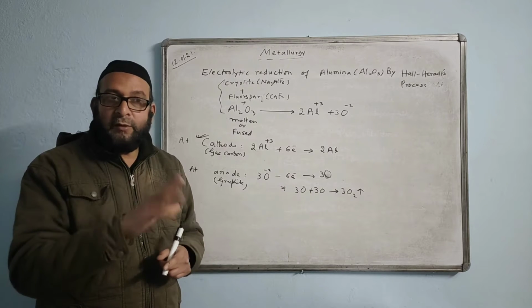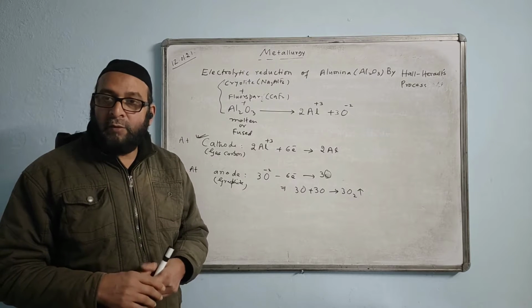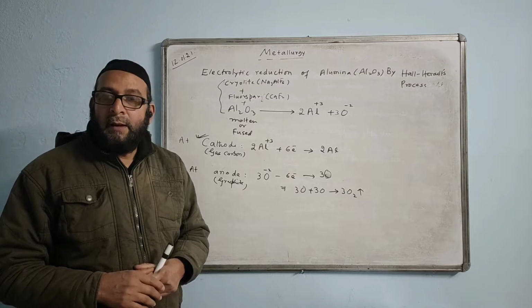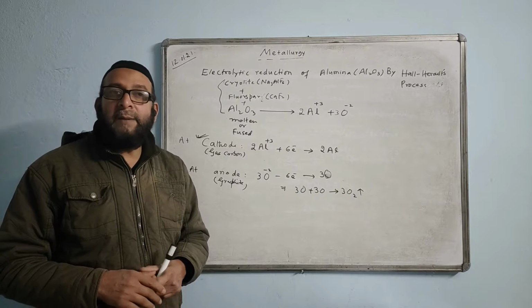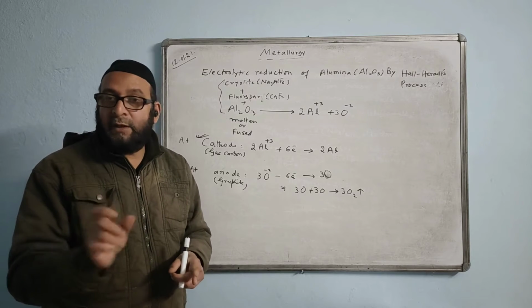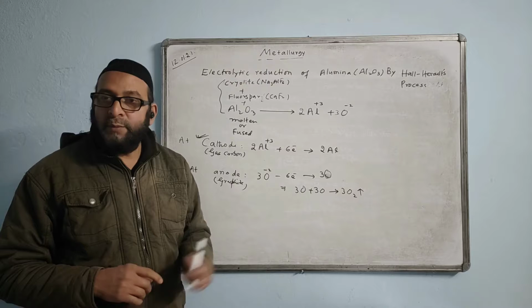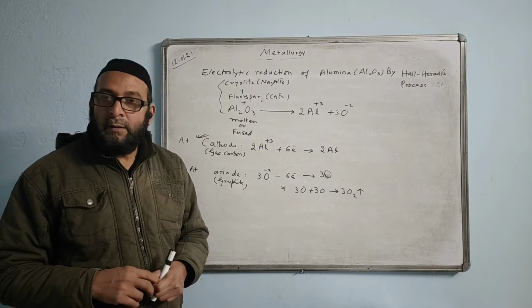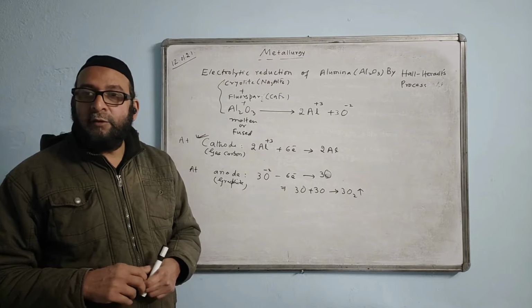Because of a number of anodes, the process of electrolysis will carry on for a longer time, and ultimately they will be burnt or oxidized. Then we have to replace them by a new set of anodes. Hope this point is also clear. Is it clear? Can you hear me?